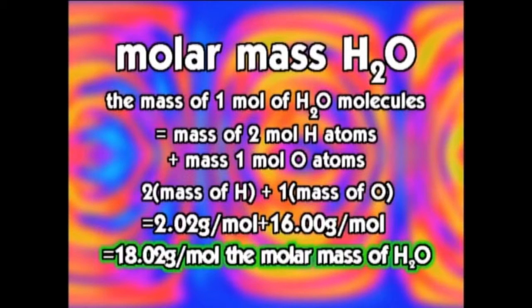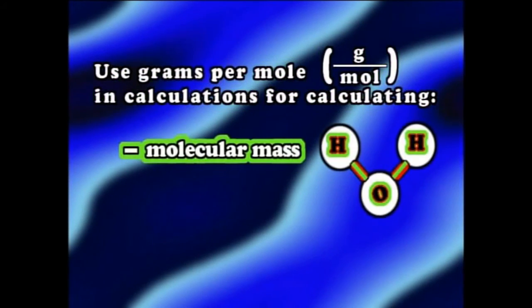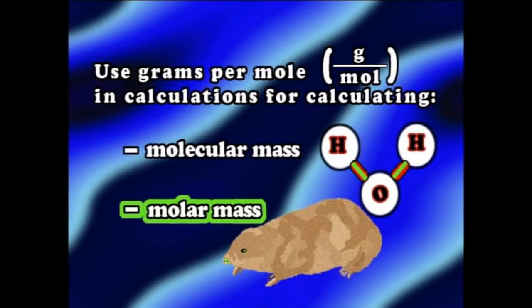So, the mass of 1 mole of water molecules, known as the molar mass, is 18.02 grams per mole. Why? Because the numbers you use for AMUs and grams per mole are the same. So, use grams per mole in calculations, whether you're calculating molecular mass or molar mass. It's that simple.